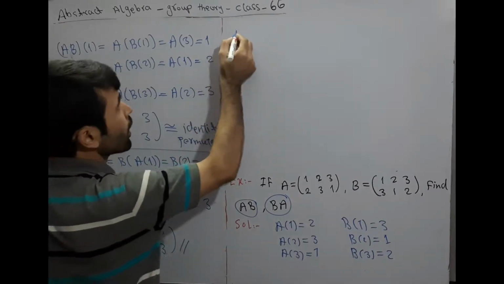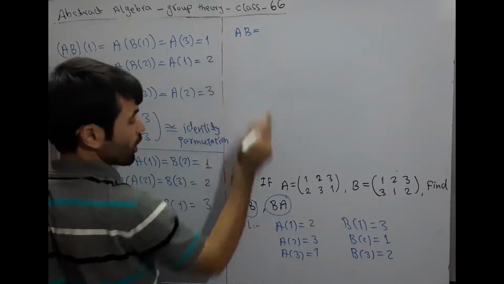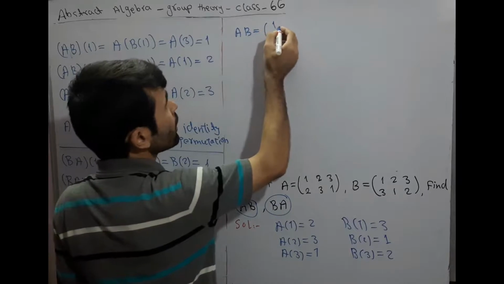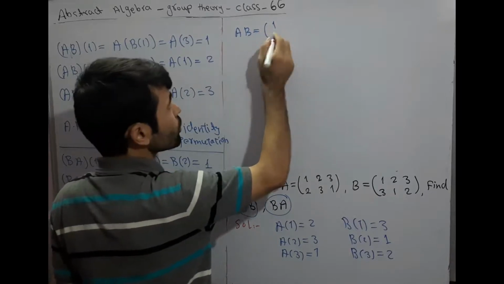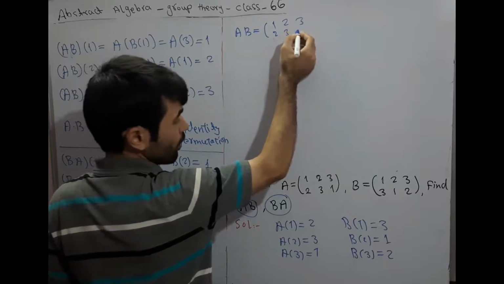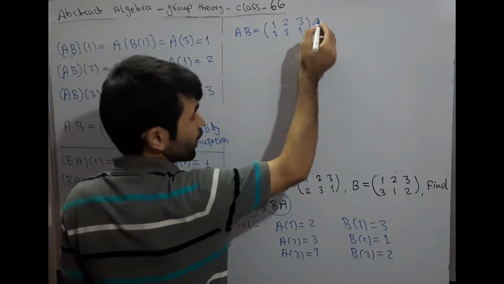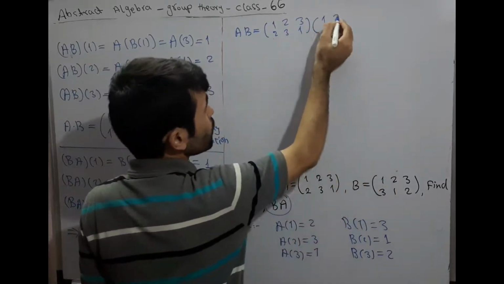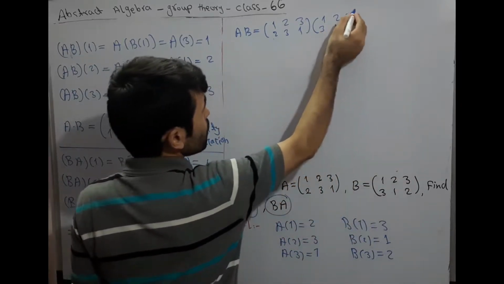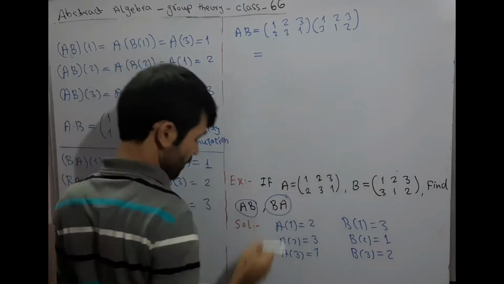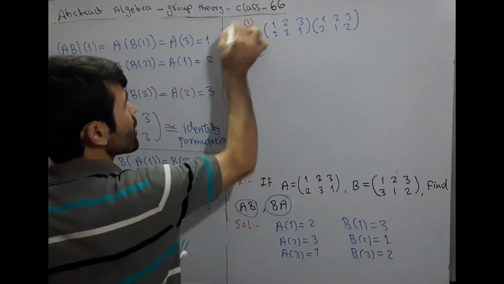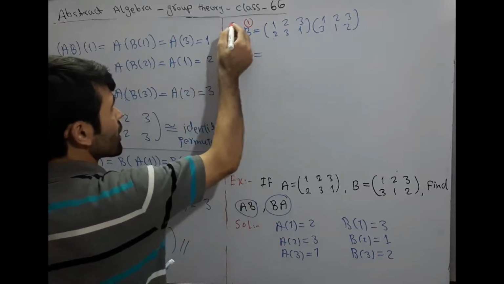Another method: a into b is equal to, instead of a we can put 1 2 3 over 2 3 1, into, instead of b, 1 2 3 over 3 1 2. Here we have the first set and the second set.